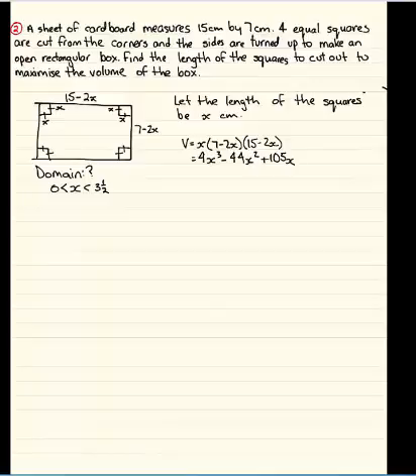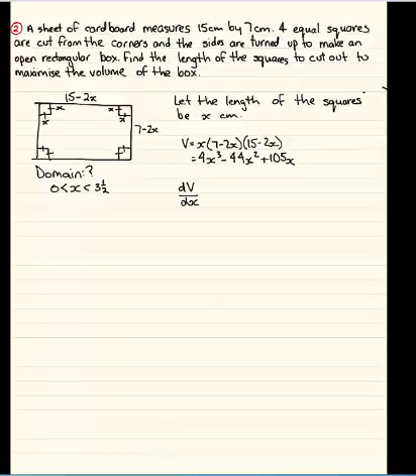Okay, so come up with your function, think about what kind of parameters we're putting on x before we get into the differentiation. So I have my volume function, 4x cubed minus 44x squared plus 105x. Now I'm going to differentiate it because I want to maximize something, which means I need to find stationary points.